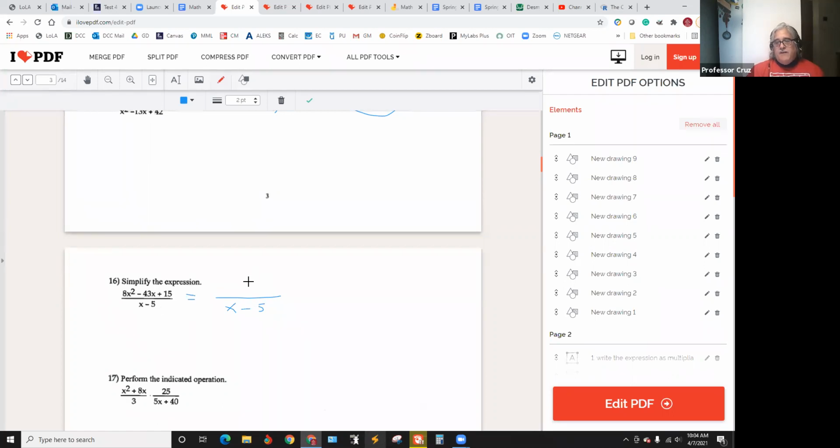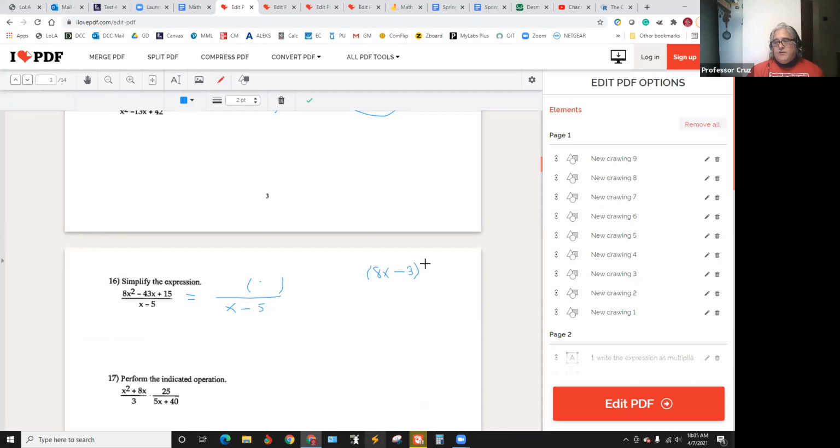So let's see if x minus 5 is going to help us. All right, so negative 5 and into positive 15, that leaves us a negative 3. All right. And then x into 8x means we got to have 8x.